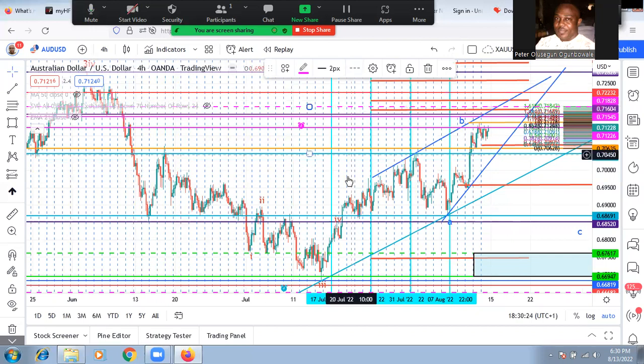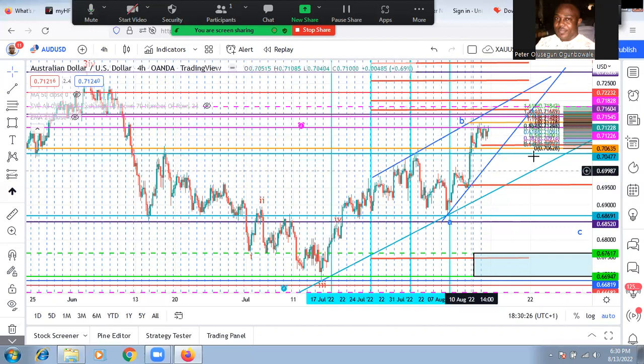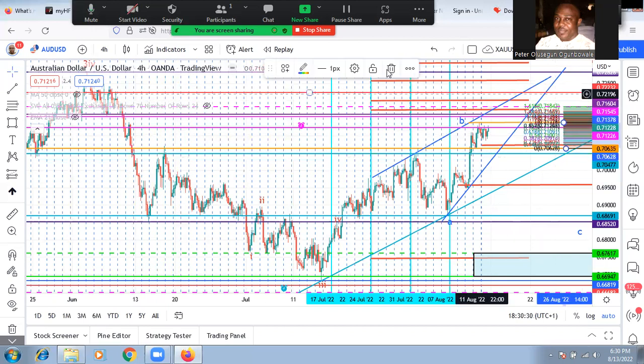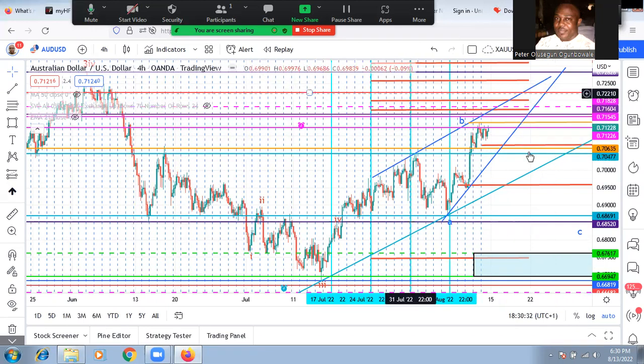So for me, I think it will still make some sense for you to sell your AUD USD once the market opens tomorrow at this level of 0.71500. It will be a perfect level for you to sell again.